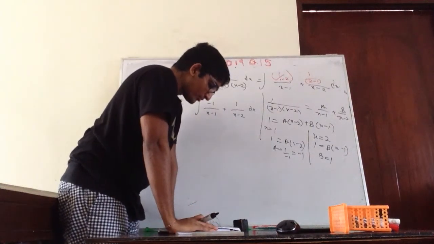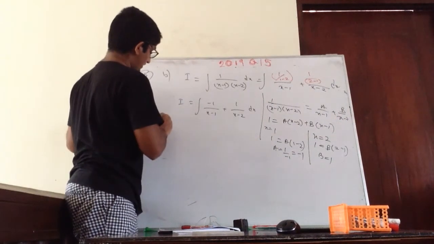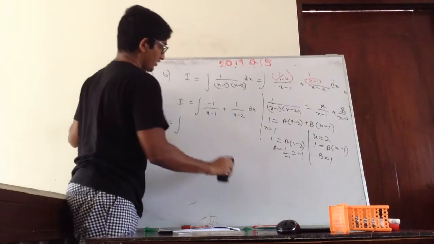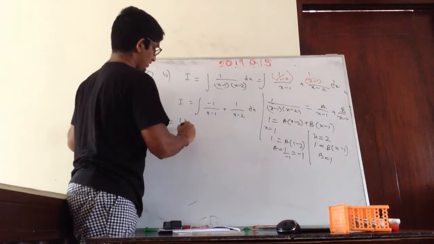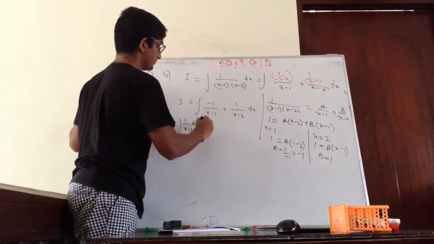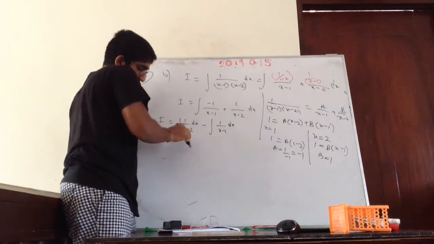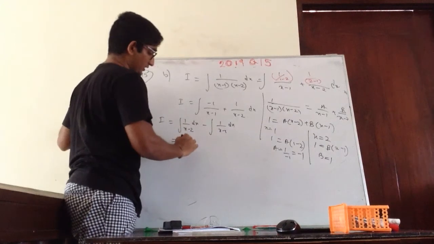Alright, so now we need to find this out. So I'll get I as the integral of 1 over x minus 2 dx minus the integral of 1 over x minus 1 dx. So now the differentiation of this is 1, the differentiation of this one is also 1, so you can use a ln thing.